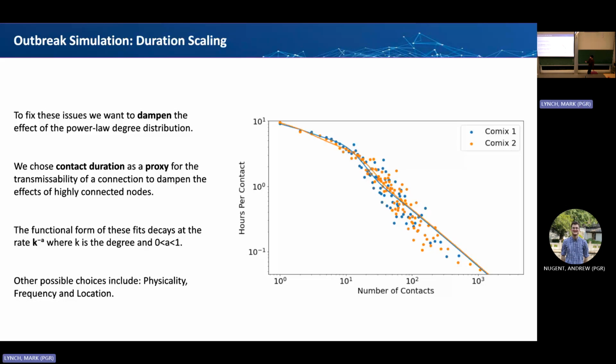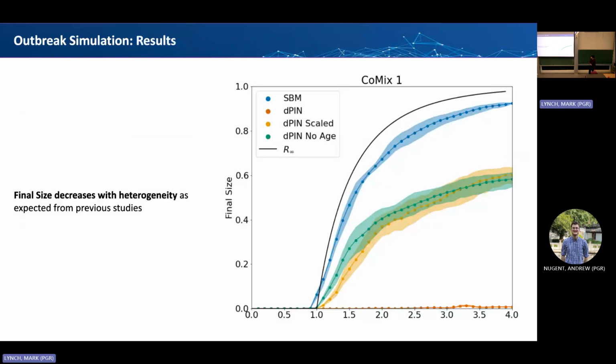So as you can see here, as the number of contacts increase, the amount of time you spend with each one on the y-axis decreases, and so you'd be less likely to spread disease to people that you only spend a few minutes with at a time. And so if we do that, this is the final size by the early growth rate of our outbreak, and we can see here, this is the double Pareto without the scaling.